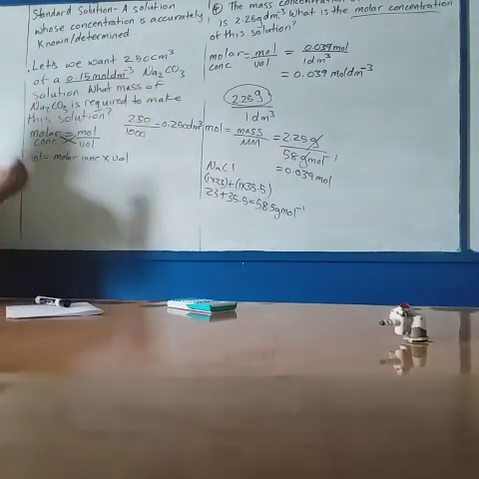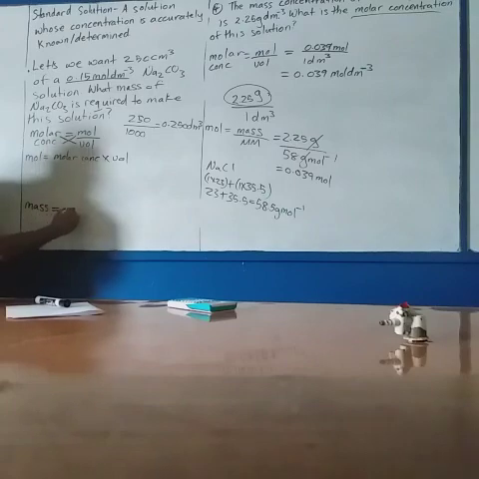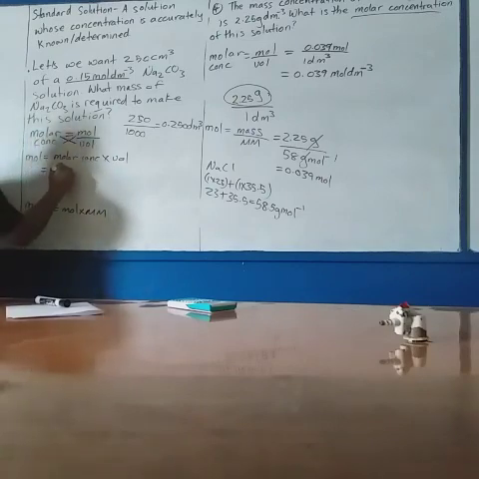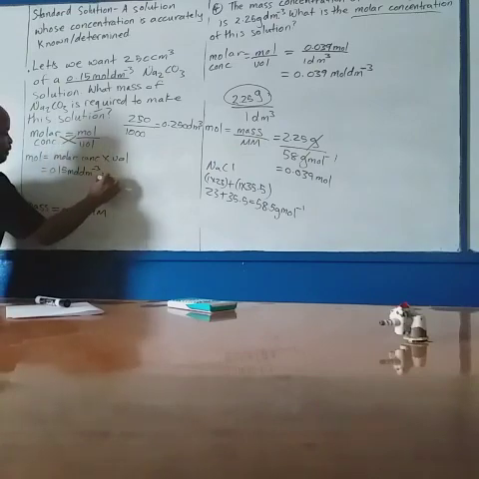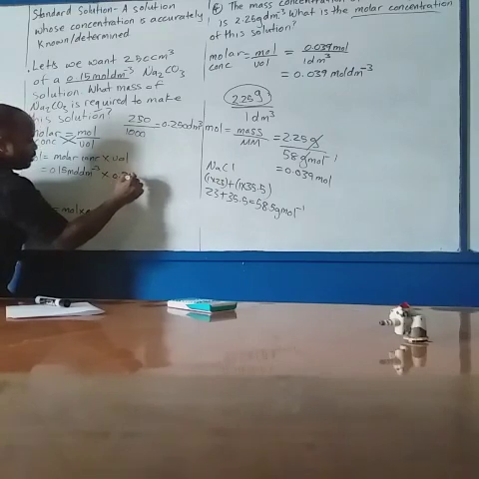Why are we finding the number of moles? It asks us to find the mass. And we know that mass is equal to mole times molar mass. So we cannot find the mass if we don't know the number of moles. To get the number of moles, we multiply the molar concentration, which is 0.15 moles per dm cube, by the volume in dm cube, which is 0.25 dm cube.